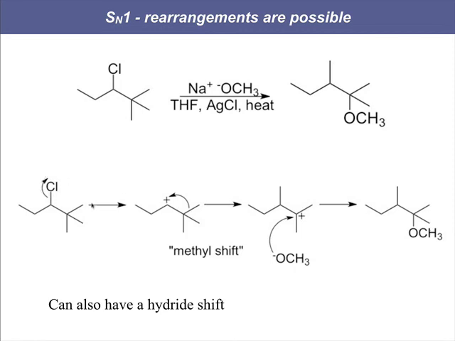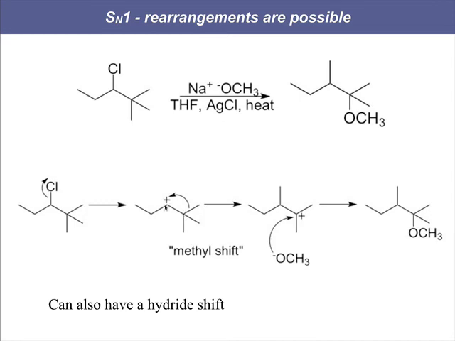That generates, in this case, a secondary cation. This carbocation is secondary. It's got the ethyl group and it's got the tert-butyl group. This then undergoes what we call a methyl shift. One of these 3 methyl groups literally migrates over. It kind of just shifts over. It takes its electrons and lets go of this carbon and grabs the next carbon over.